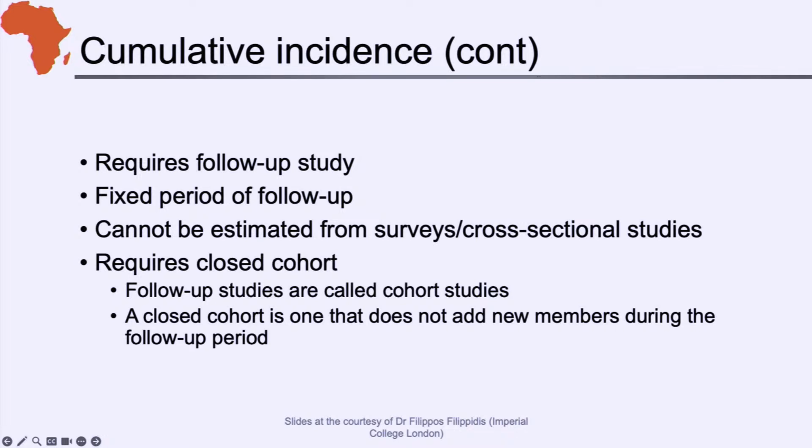So you need to follow the entire cohort over time, and it has to be a closed cohort. The studies from which you can calculate this are also called cohort studies, where basically no one exits the room. So there's no new member coming into the room and no one exiting the room unless they die.